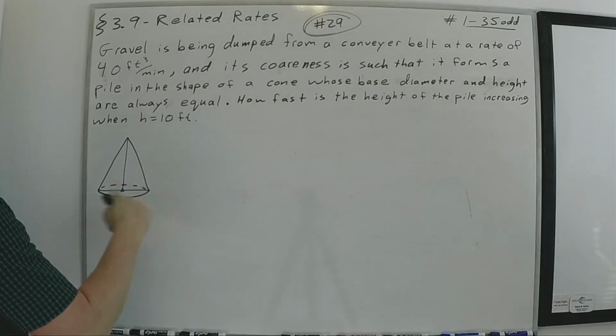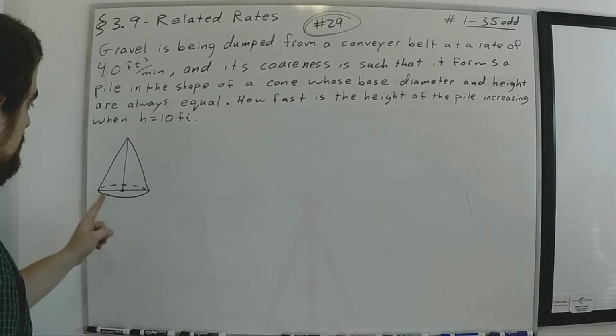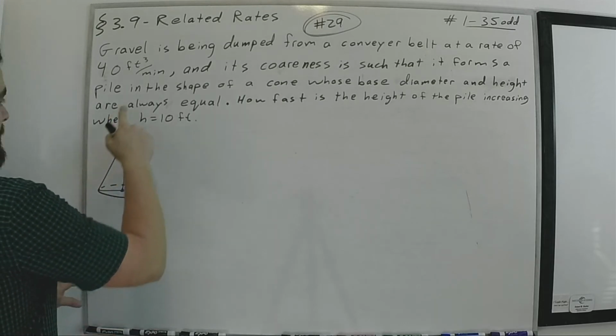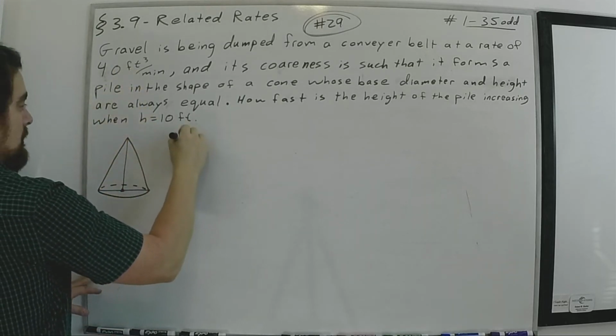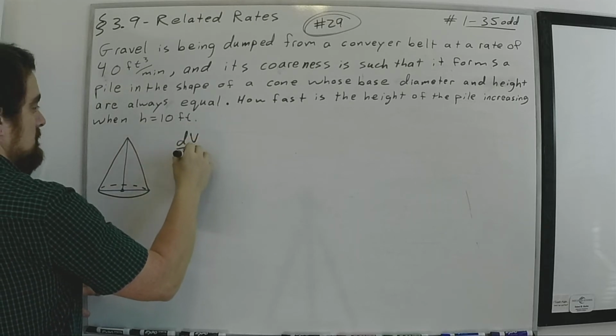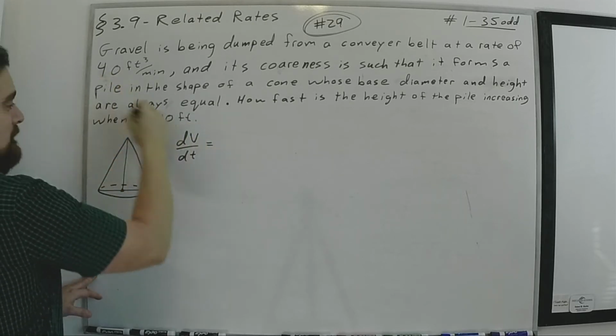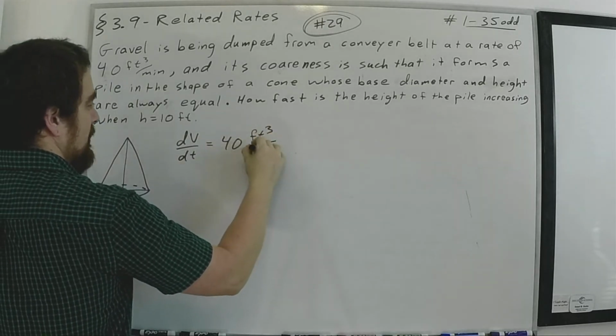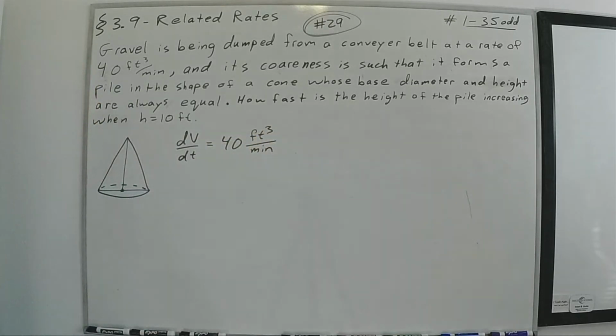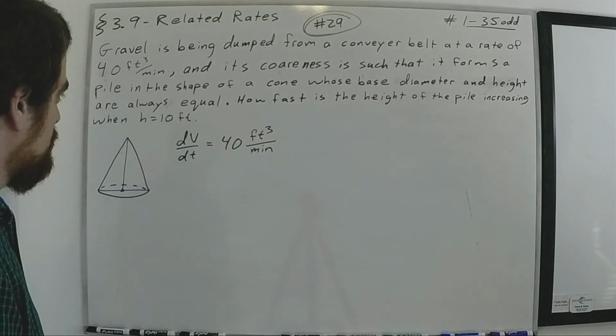So first things first, when we look at this, let's write down that this is our change in volume, dV dt is equal to, and again, I changed this number from 30 to 40. Hopefully that doesn't break the problem. It shouldn't. I'm just dumping more gravel than the original problem is.